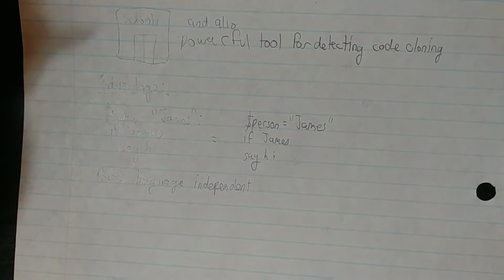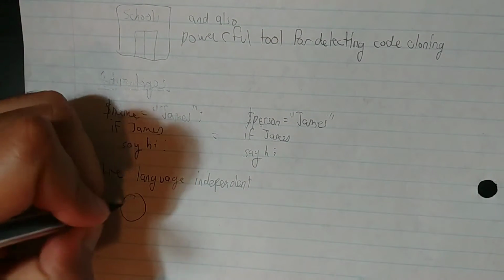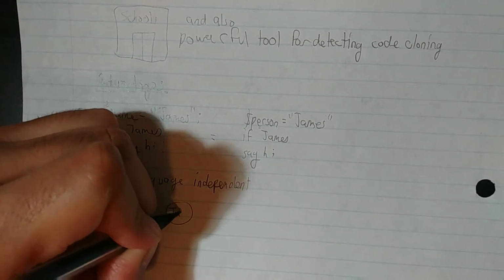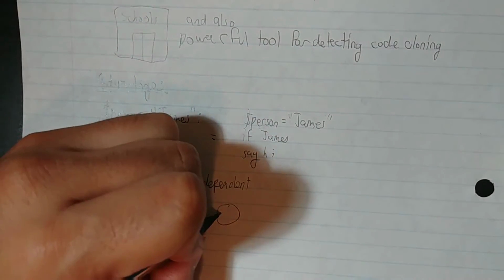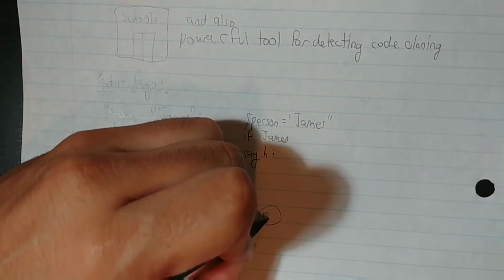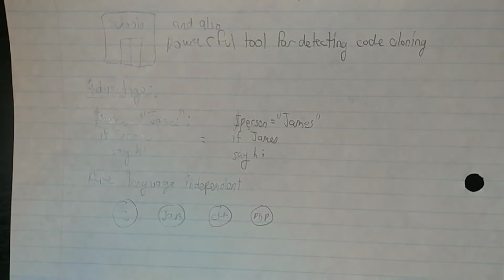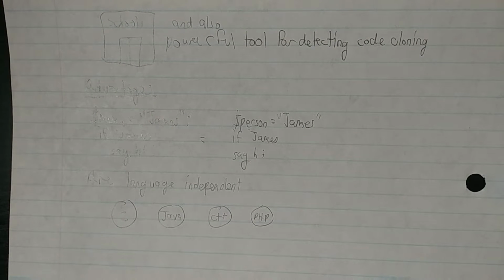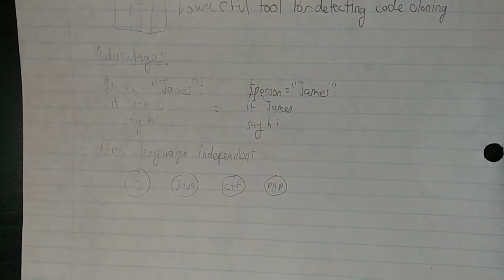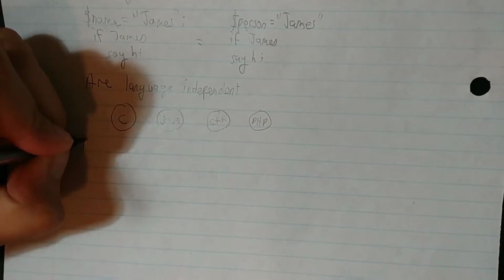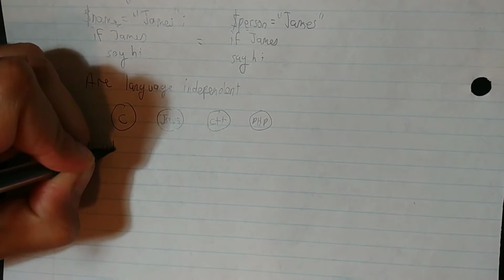So the same algorithm can work in different languages such as C, Java, C++, PHP, and many more. This is an advantage because there are many different programming languages which follow universal syntax, and hence one algorithm will work for all specific languages in this category. Next, let's move on to disadvantages.